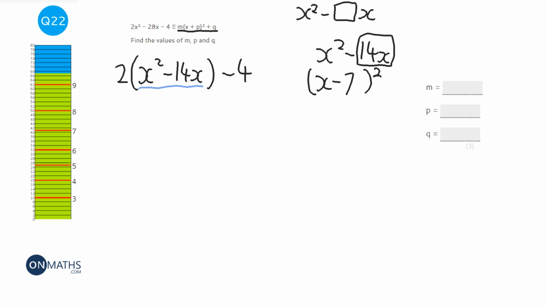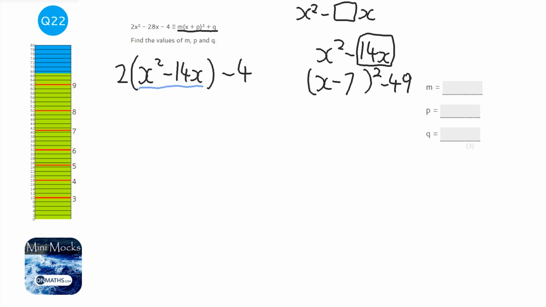plus 49. Now we need the minus 7x to get the minus 14x, but we want to get rid of the plus 49 that it generates. So we need to take away 49 from it. And that's it. That's completing the square. Okay.